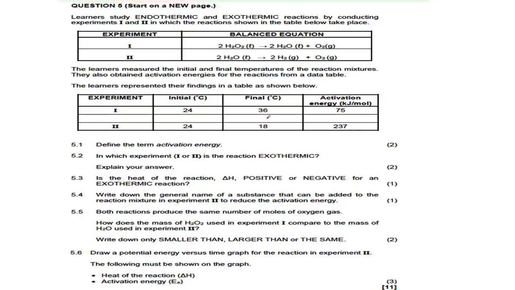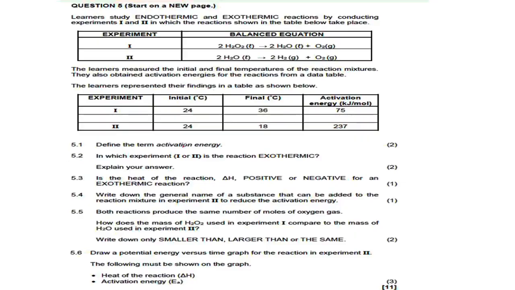So endothermic reaction, it absorbs the energy. Again, you can tell from the activation energies. 75 is a lower activation energy, which is true for an exothermic reaction. It has lower activation energy, but 237 is a higher activation energy, which is true for endothermic reactions.